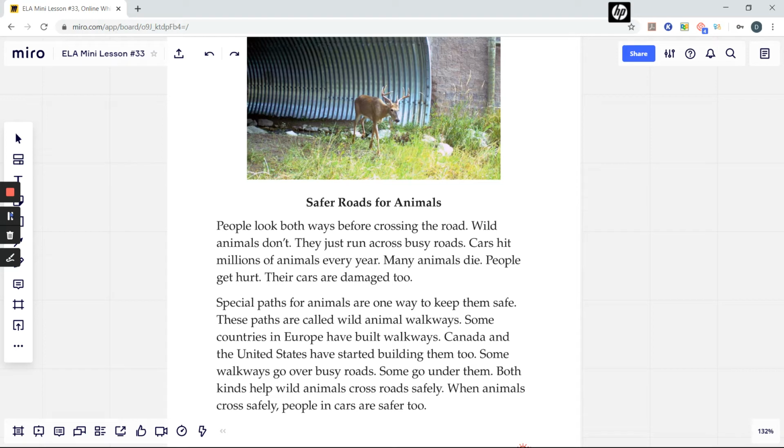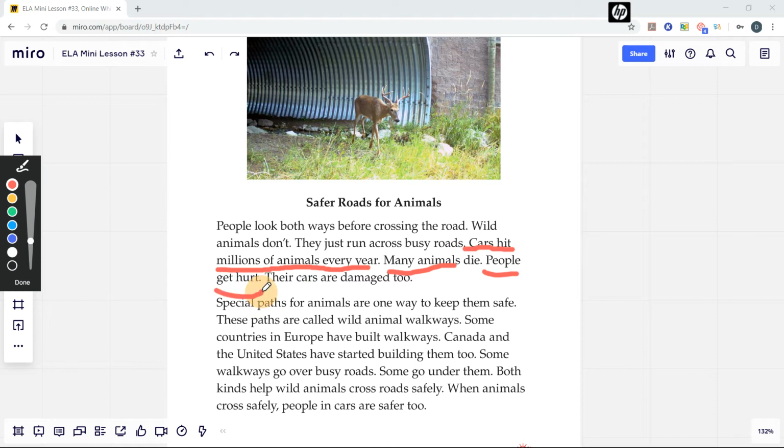Can you find any other details about the problem? So I know that cars hit millions of animals each year. Why is that a problem? Well, animals die and people can get hurt.